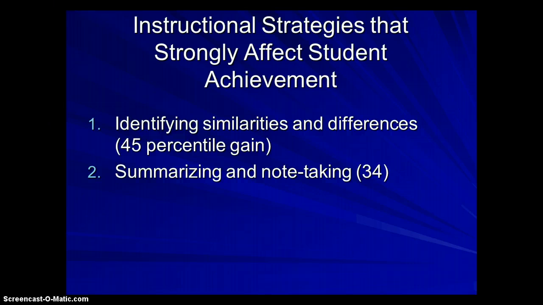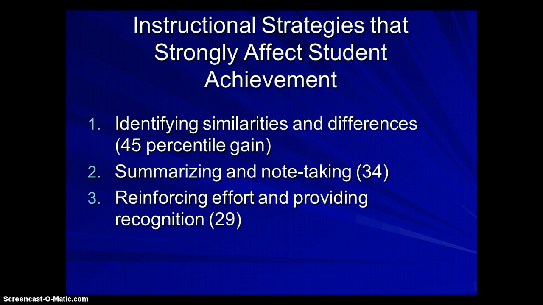The third instructional strategy that strongly affects student achievement was reinforcing effort and providing recognition. All right, this is being very positive to our students, reinforcing their effort, showing them that because of their effort, this is what they received, this is something they achieved, and encouraging that effort so that they will continue to use that effort and to give even more effort.